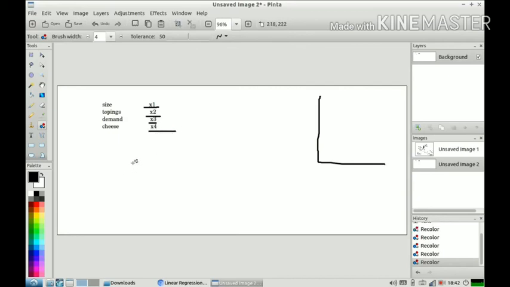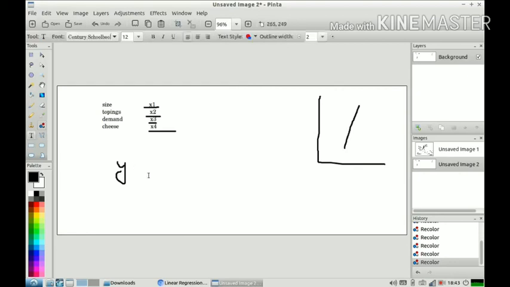Earlier we had a line which was representing our data. Now we will have a hyperplane which will be representing our data. You can think of a hyperplane as a multi-dimensional line which will be best fitting our data. We will be representing our model like this.